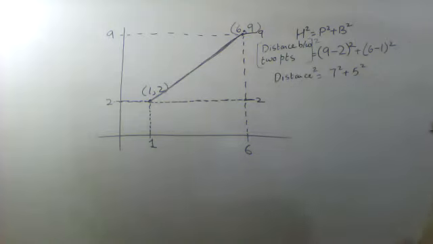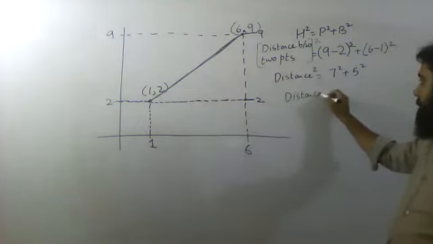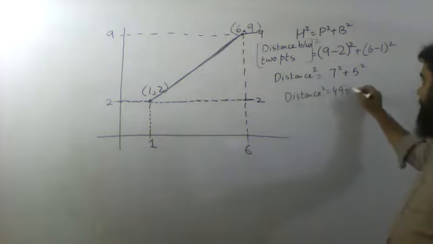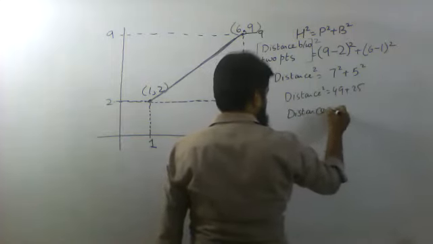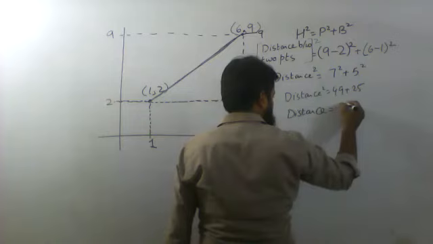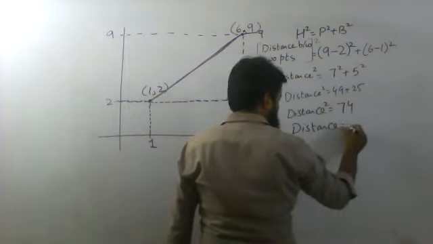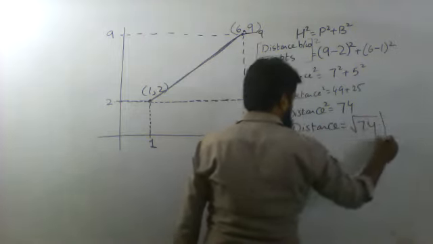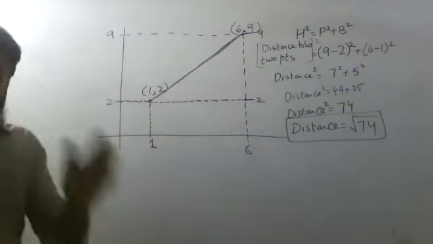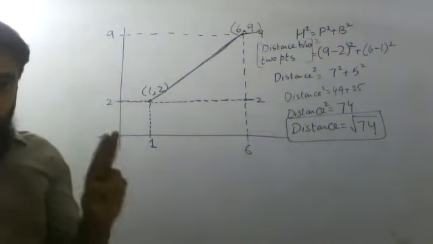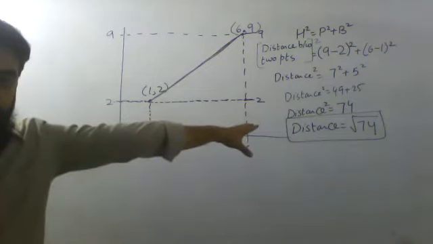distance square. Right? So distance square will be 7 square is 49, 5 square is 25. So your distance square will be 49 plus 25, which is 74. So if I have to find only the distance, it will be equal to root 74. So in order to find the distance between two points whose coordinates are given, I will use this Pythagoras theorem system.